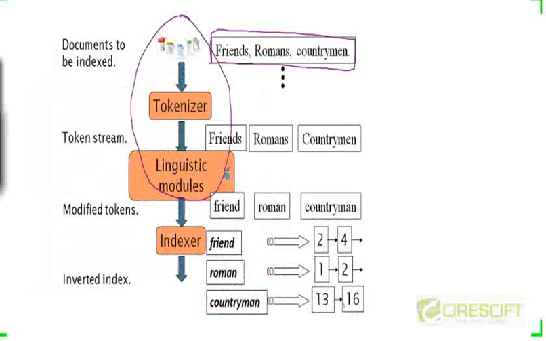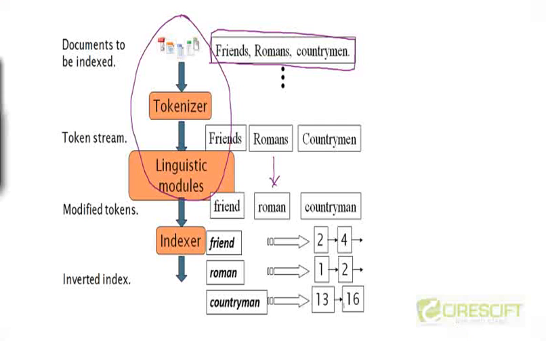This is the phase we are talking about. The sentence that I showed was a sequence of tokens, which means we are at this stage, and that sequence gets converted into a sequence of modified tokens, which is the normalized form.